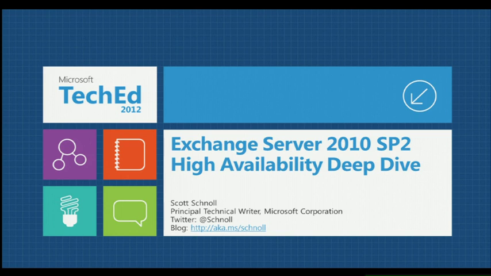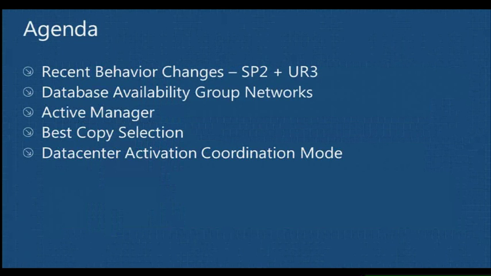And as you might imagine, in an HA deep dive session, we're only going to be able to cover so much in 75 minutes. So I've limited the scope of topics. There's much, much more we could talk about besides this, but I've limited the scope of topics to those areas that seem to be the most confusing and the most troublesome, and of course the areas where the inner workings of the platform aren't well known to the admin as well.